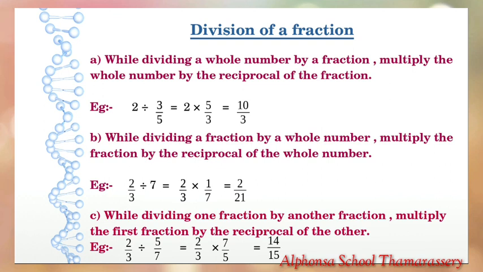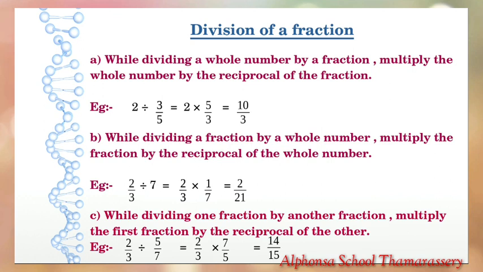And the second one is, while dividing a fraction by a whole number, multiply the fraction by the reciprocal of the whole number. Example, 2 by 3 divided by 7, which is equal to 2 by 3 into the reciprocal of 7, that is 1 by 7. So the answer is 2 by 21.